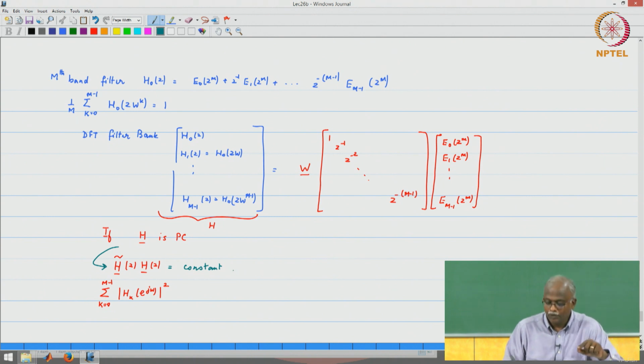Now, what condition does that impose on the polyphase components?